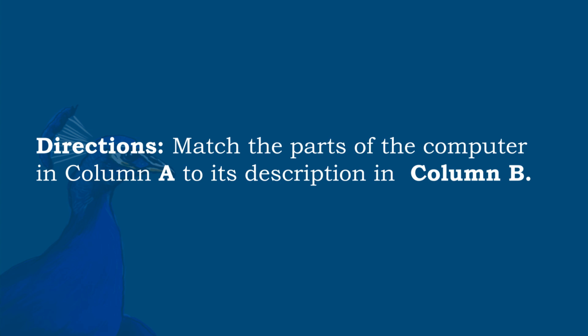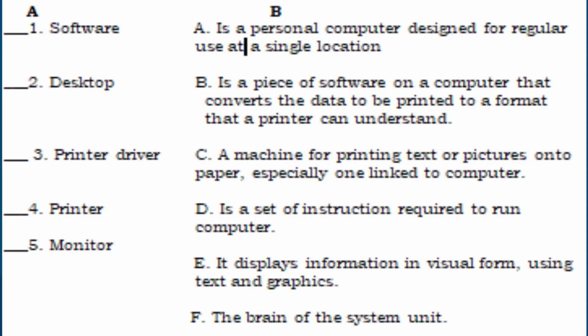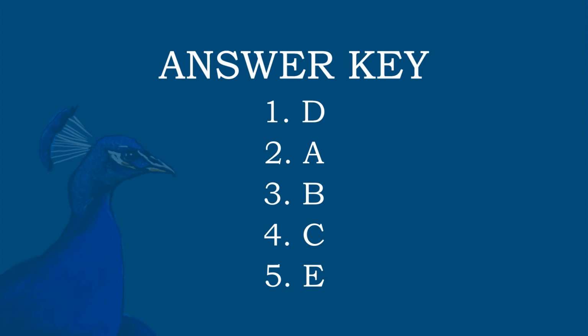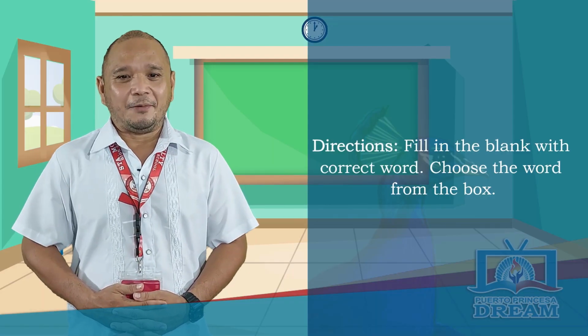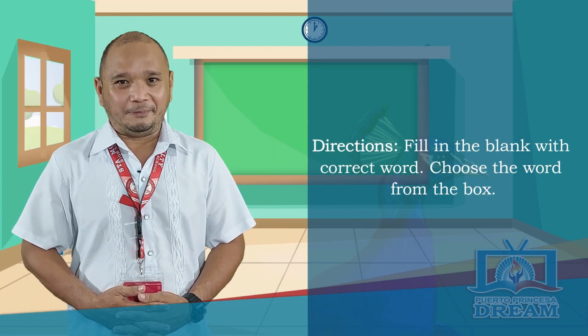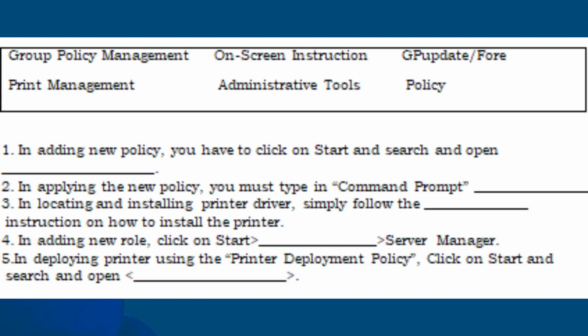Match the parts of the computer in column A to its description in column B. Directions. Fill in the blank with the correct word. Choose the word from the box.